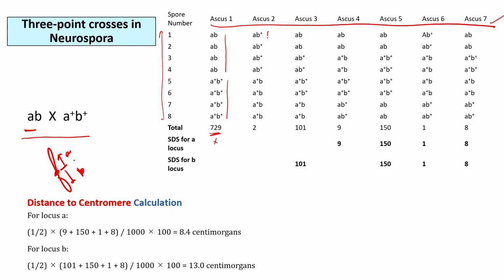Now if you look at this example, here the A, if we say AB, then the total number of asci that you get in this condition are only 2, and they are all what?